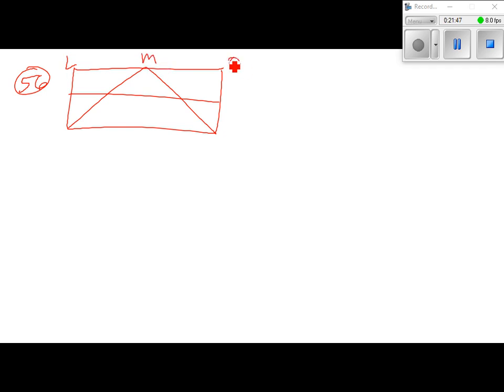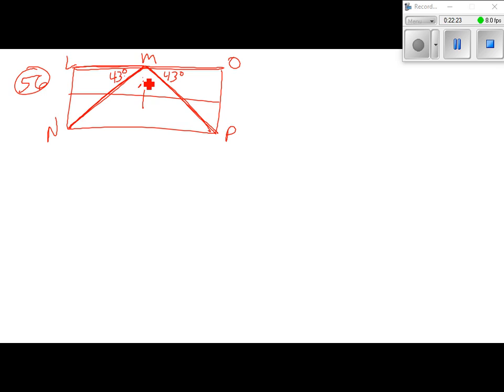This is O, P, and N. They tell us in the given information, the measure of angle LMN, that's that angle, is 43 degrees. Angle LMN is congruent to angle OMP, that's that angle, so if that one's 43, that one's got to be 43 degrees. And they want us to find NMP, so they want us to find that angle right there.